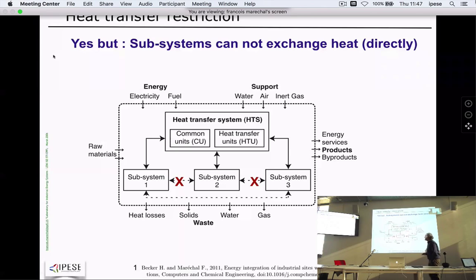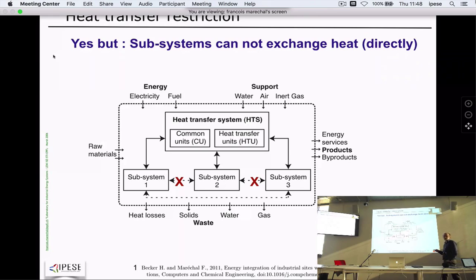The idea is the following. So let's assume that you have a process that is divided into subsystems. And let's assume that you would like not to exchange between the subsystems. You know that the exchange can be done via heat transfer units or via the utility.